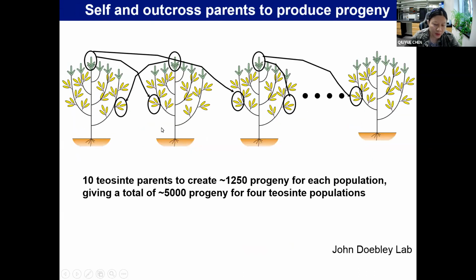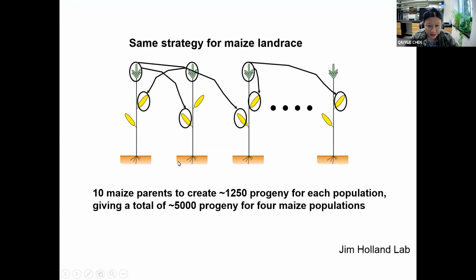Next, we selfed and outcrossed the 10 teosinte parents to create about 1,250 progeny for each population, giving a total of 5,000 progeny for the 4 teosinte populations together. We took the same strategy for maize landraces and produced about 5,000 progeny for the 4 maize populations.